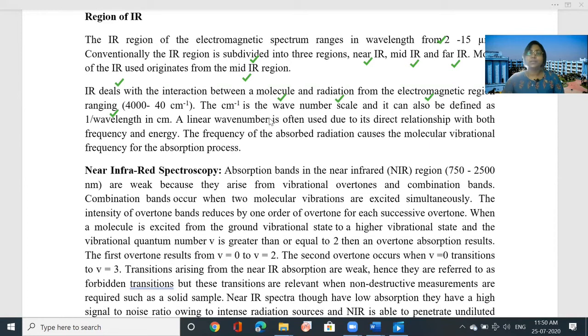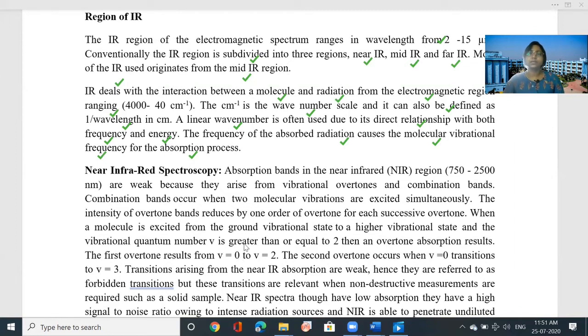The centimeter inverse is the wave number scale, and it can also be defined as 1 per wavelength in centimeter. That means cm^-1 is basically 1 by the wavelength in the unit of centimeter. A linear wave number is often used due to the direct relationship with both frequency and energy. The frequency of the absorbed radiation matches the molecular vibration frequency for the absorption process.